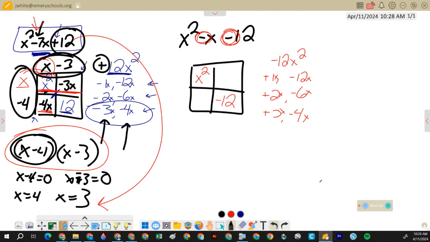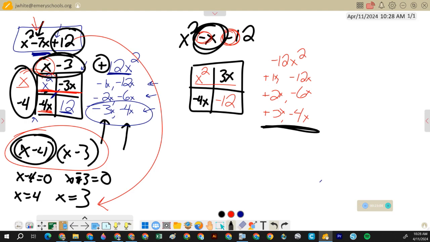Okay. Now, is there one of those number sets that will create a negative 1x? That would be this one. So 3x and negative 4x. And again, it doesn't matter where you put those. Okay. What does the top row have in common?